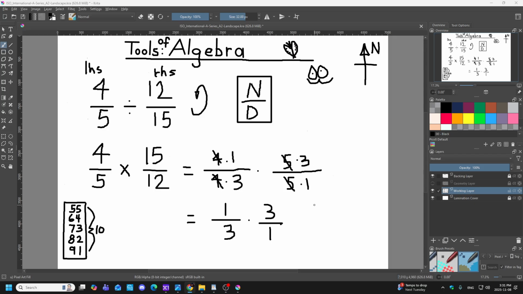So, I've saved a lot of work. Let me explain something here quickly. This may be different, but it's also wiser. What I'm doing is I'm reducing my fractions ahead of time. There's no sense multiplying these together, which gives us large numbers.